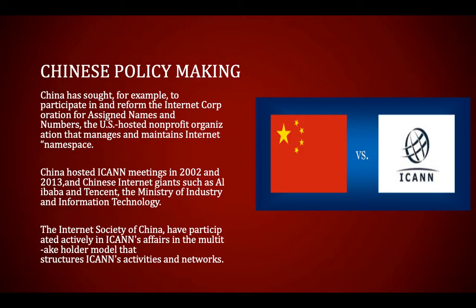Pretty much, they participate in a lot of the organization's day-to-day operations. They were even able to get the U.S. government to actually drop out of ICANN, even though it's in the United States. It's very odd how China was able to use that soft power to influence the naming of the internet, which is kind of a big deal.